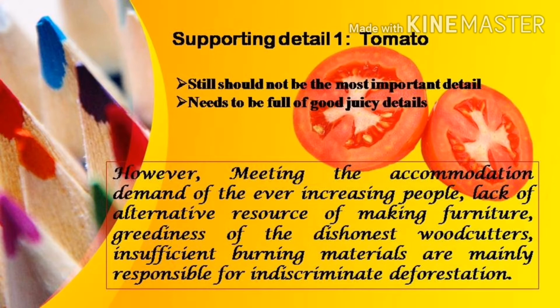However, meeting the accommodation demand of the ever-increasing people, lack of alternative resource of making furniture, dreariness of the dishonest woodcutter, insufficient burning materials are mainly responsible for indiscriminate deforestation. Here we have used different sorts of significant information in a very precise and laconic version. That's why we have called the information juicy.